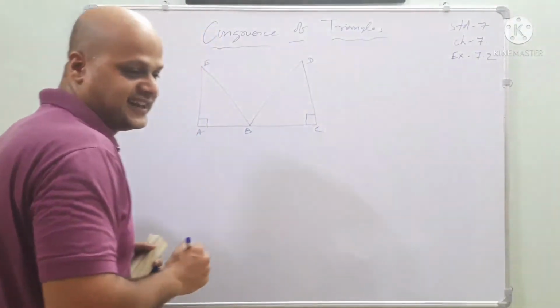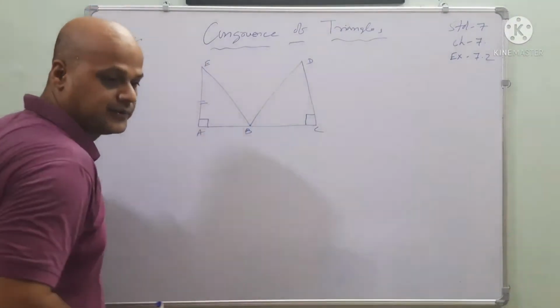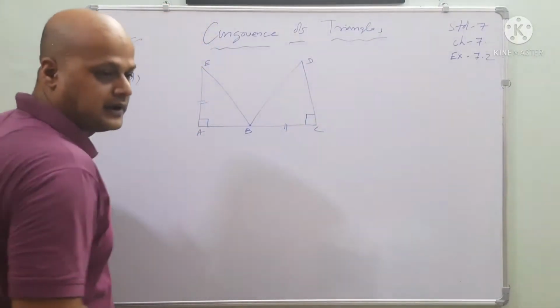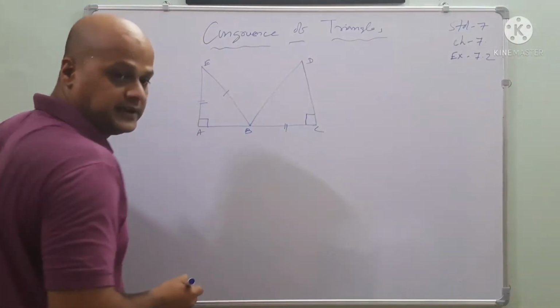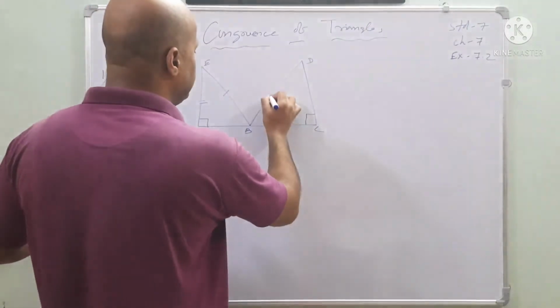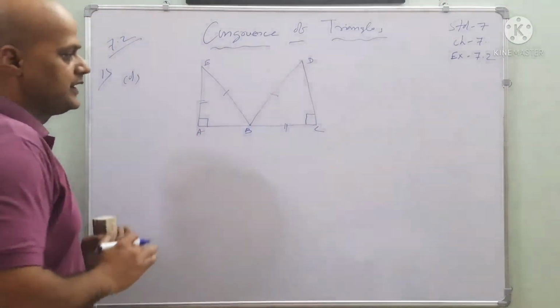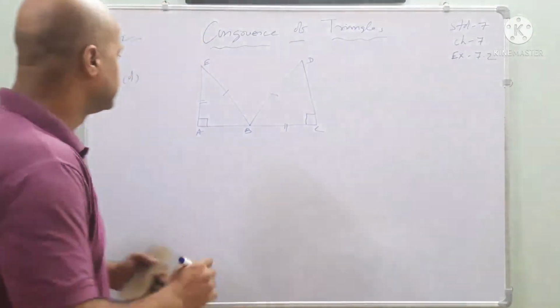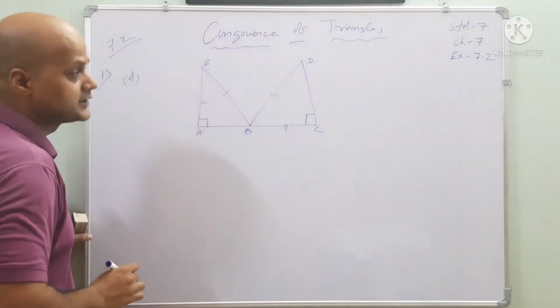Next, it is given AE is equal to BC and EB is equal to DB. Now with these statements given, are the triangles congruent or not? Let's take it. What are the two triangles formed?